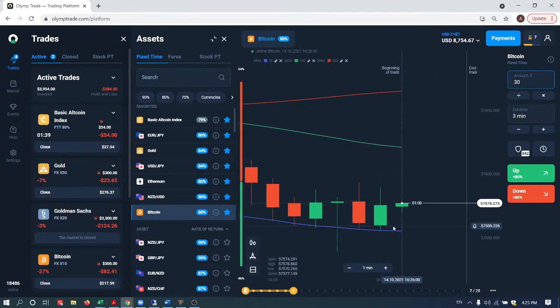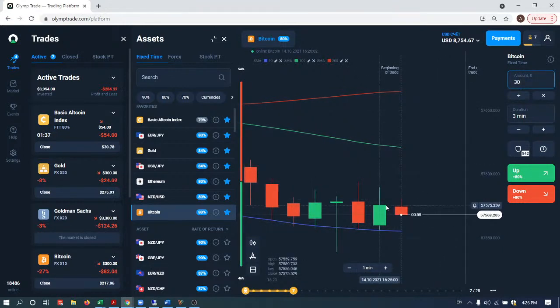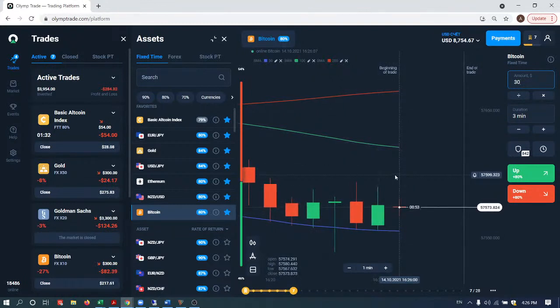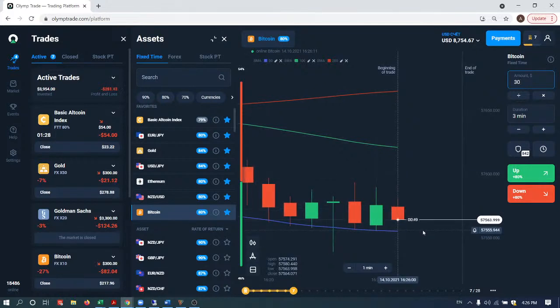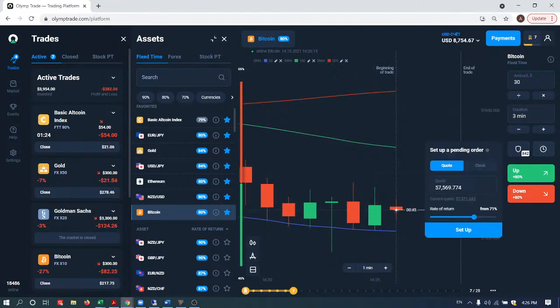So basically, your third trade might be a losing one, and then you will just go back to square one. So yeah, it kind of works like that.